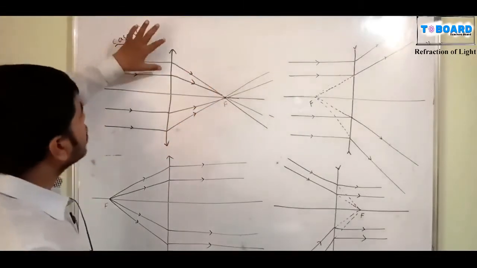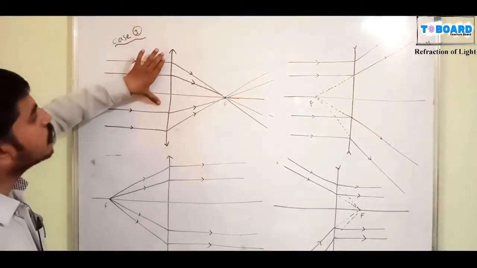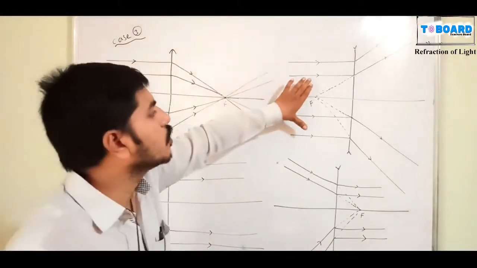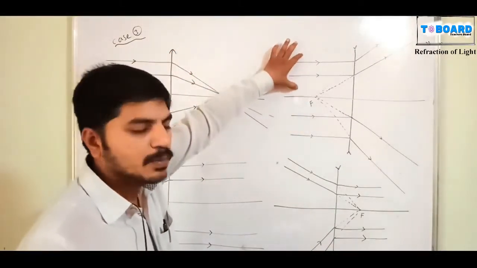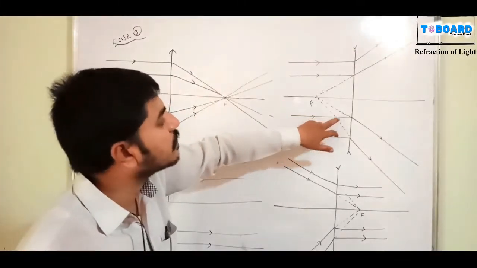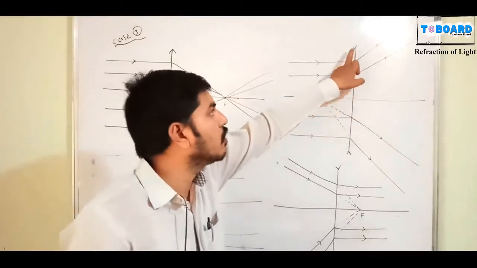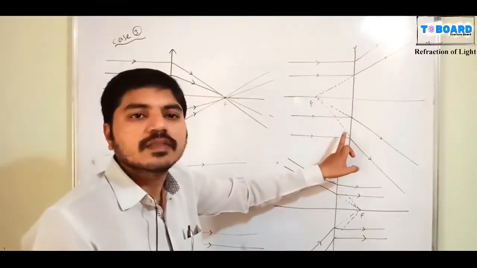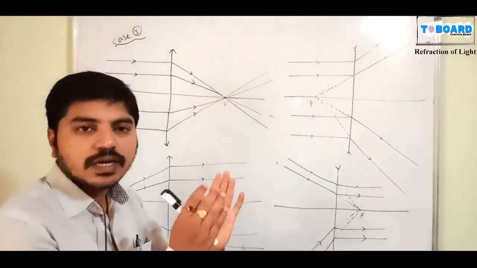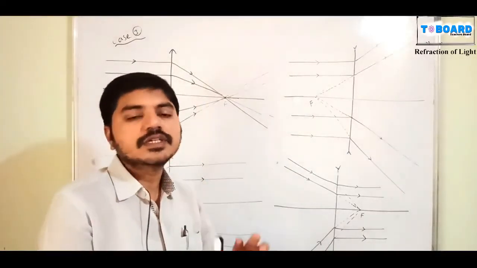This is applicable to the biconvex surface. Now we'll go for the biconcave. If any rays are coming from infinity and parallel to the principal axis, after refraction from a biconcave surface, the rays will appear to meet on a focal point. A small difference is there: it should be "appear".